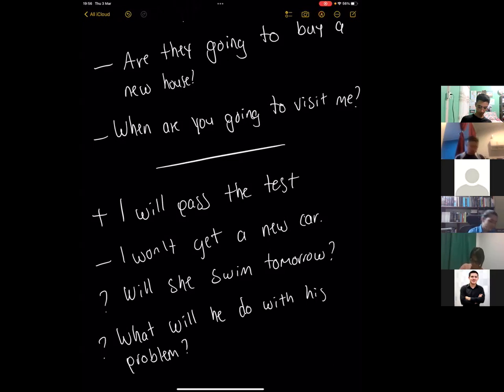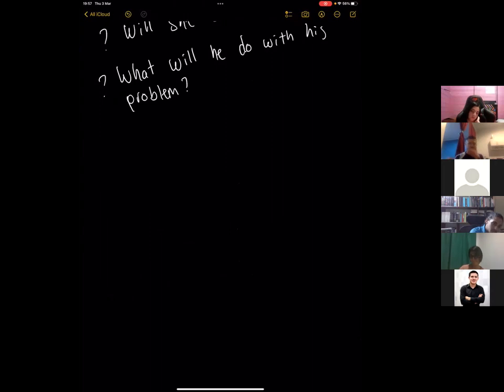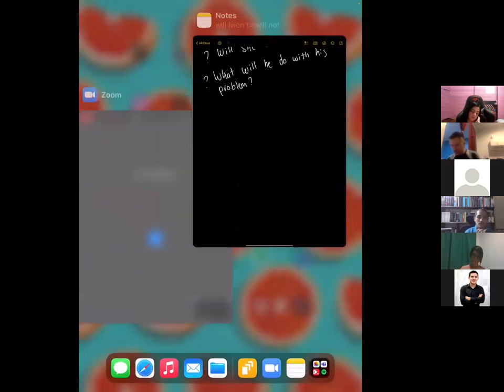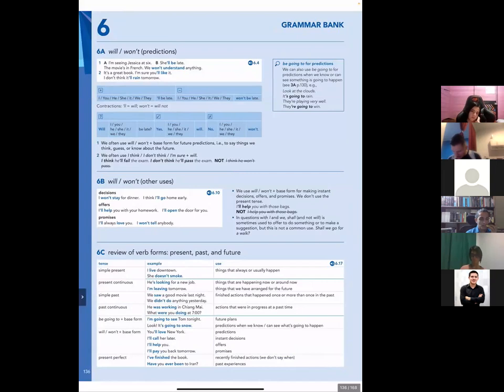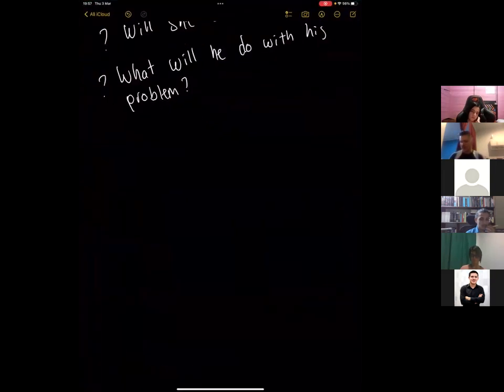In a very simple way, there you have four different examples of how to form questions, answers, or negative statements with will. How are we doing up to now, guys? Clear? Yes, teacher, clear. Fine. Okay, awesome. We're almost done, don't worry. The one that we're missing is just present perfect. You see, it actually was quite fast.